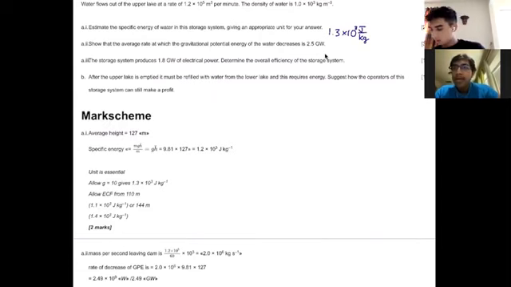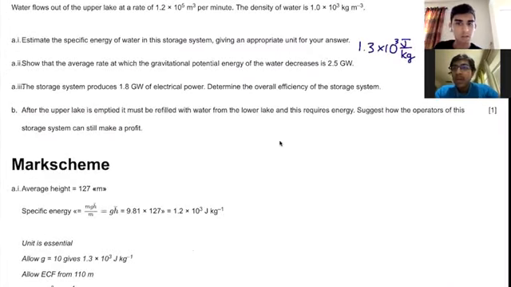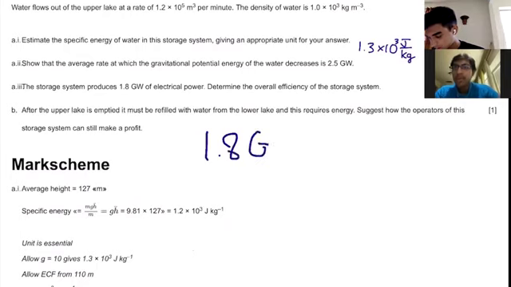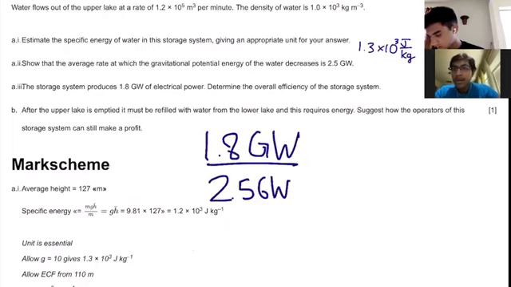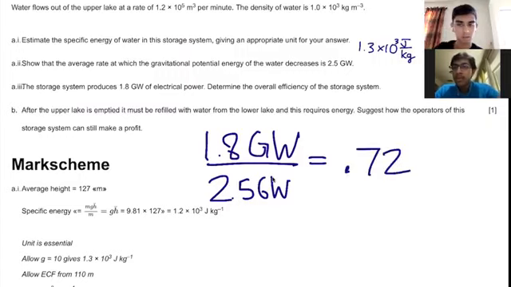So we do 1.8 gigawatts over 2.5 gigawatts, which is 0.72. So about 72% efficiency, or you can write 0.7.